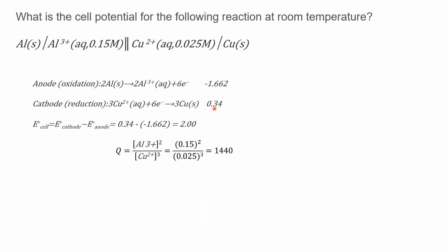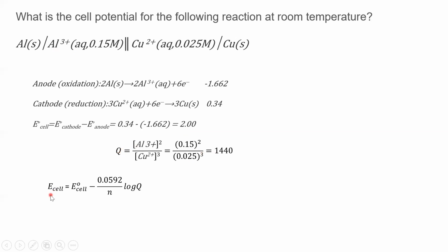So if we take the cathode value and subtract the anode value, 0.34 minus negative 1.662 gives us 2.00. Okay, that's the voltage across our cell. For Q, we would take our products over our reactants. So 0.15 squared over 0.025 cubed gives us 1,440 for our Q value.